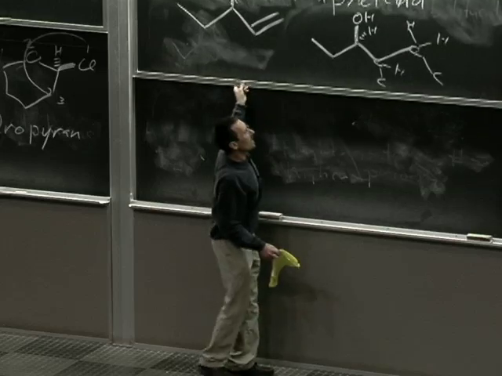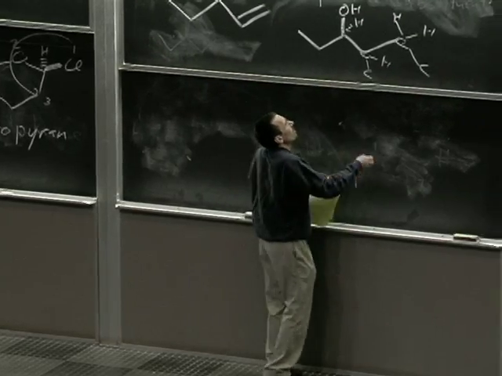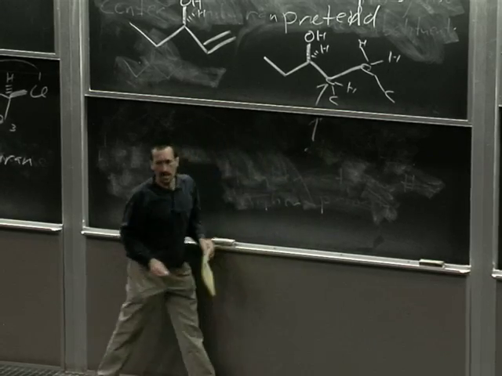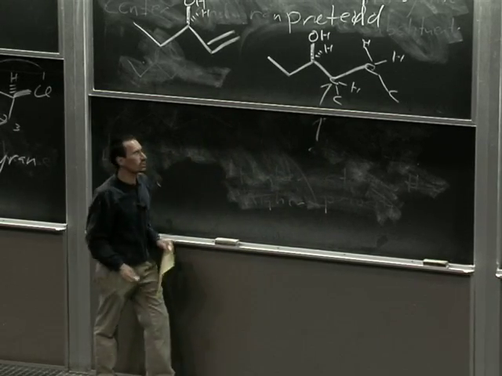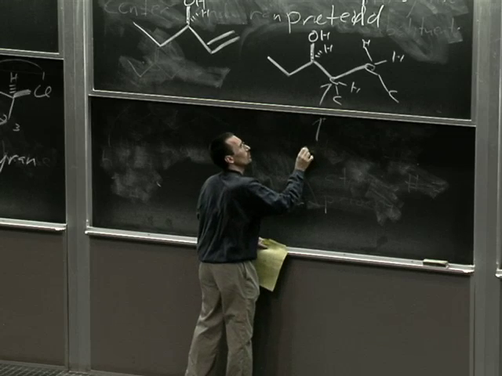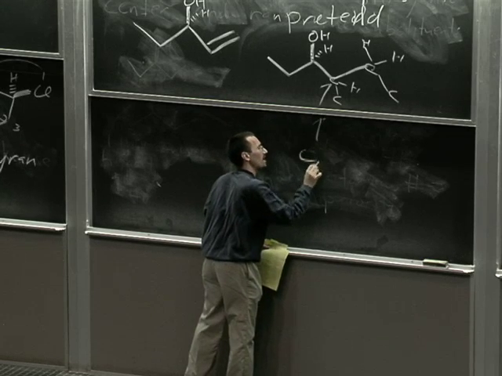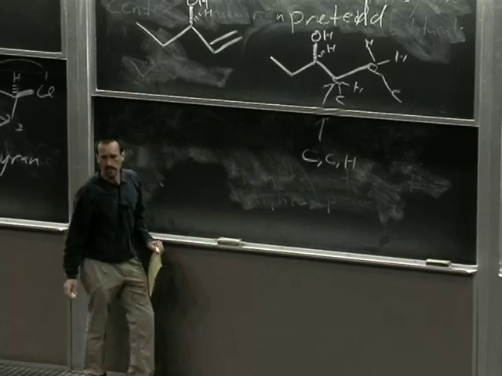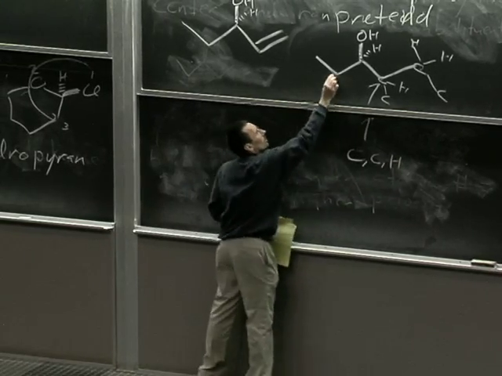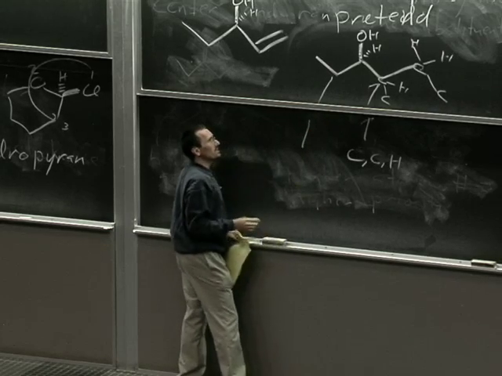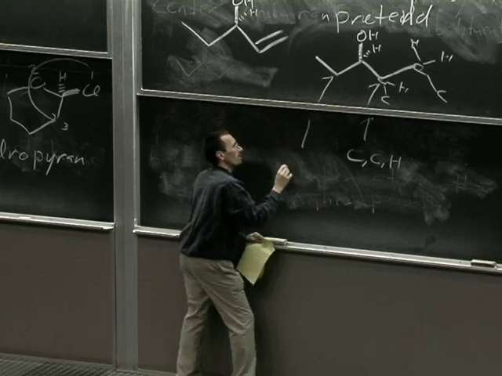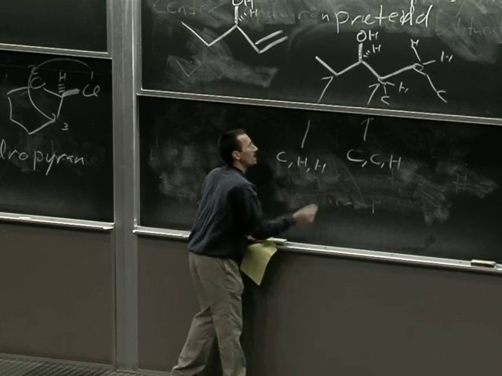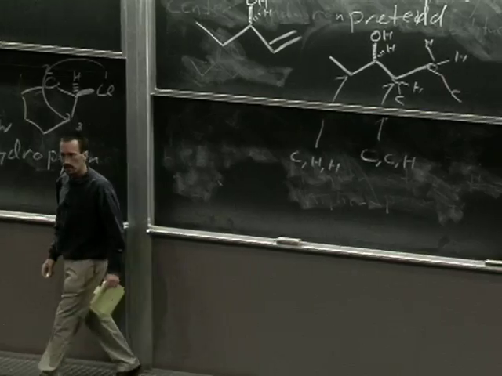In other words, this substituent, instead of counting as having one carbon attached to it, counts as having two attached to it. So this carbon counts as having a carbon and a hydrogen attached to it. Whereas this substituent here counts as having a carbon, a hydrogen, and a hydrogen attached to it.